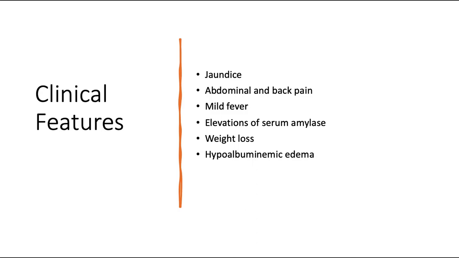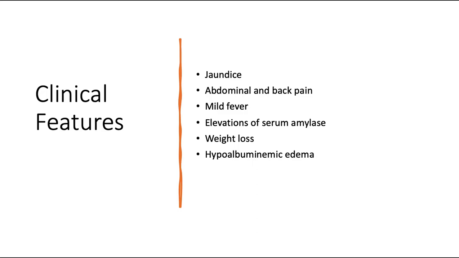The diagnosis of chronic pancreatitis requires a high degree of clinical suspicion. During an attack of abdominal pain, there may be mild fever and modest elevations of serum amylase. In end-stage disease, however, acinar destruction may be so advanced that enzyme elevations are absent. Gallstone-induced obstruction may manifest as jaundice or elevated levels of serum alkaline phosphatase.